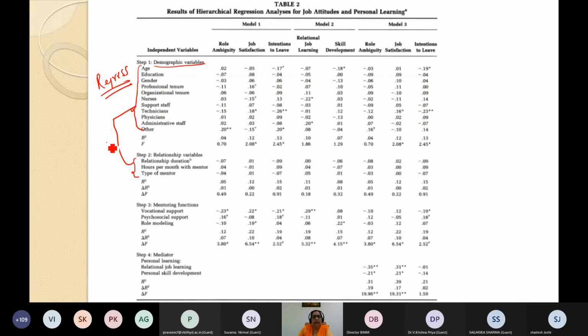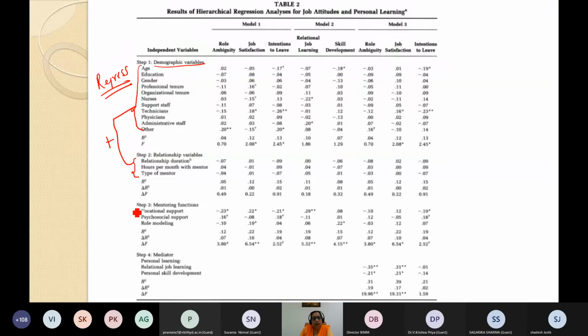So these two models are brought together to know if there is any variation, and you see that there is some change in the R square value.